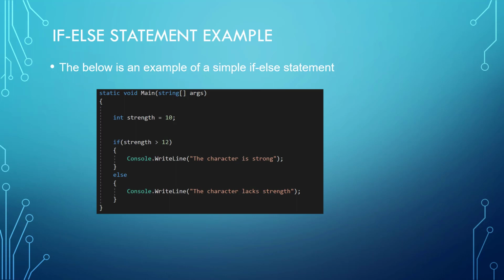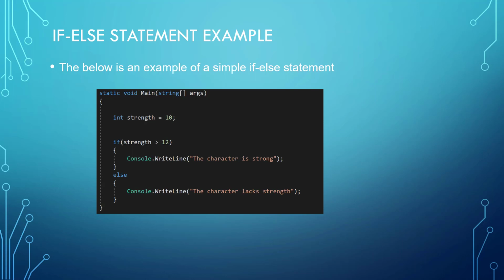So let's say we declare a variable, again, of type integer. We name it strength, and we assign an initial value of it to 10. And then our if statement has an expression where we're going to evaluate this expression. And this expression is strength is greater than 12. Well, is strength greater than 12? No, it's not. The computer is going to look at that expression and say, oh, this expression is false.